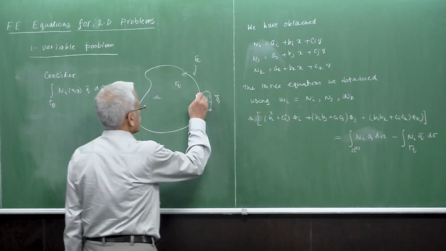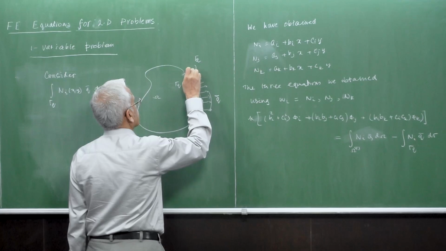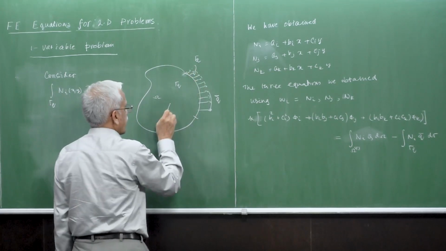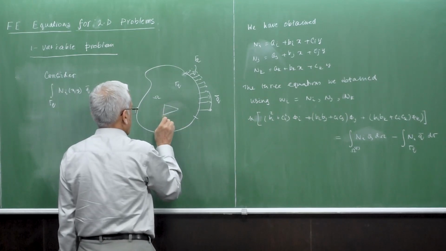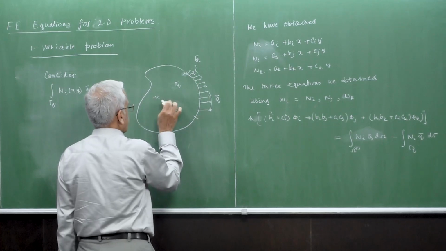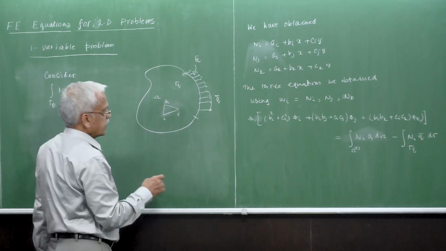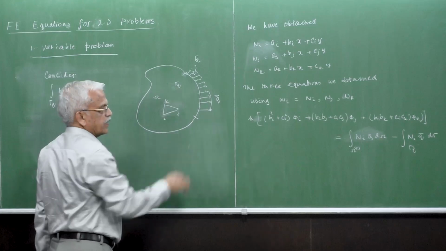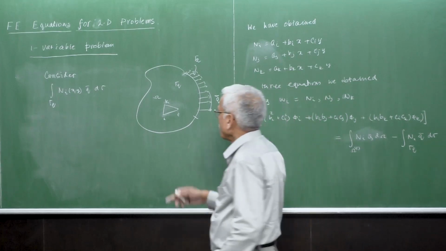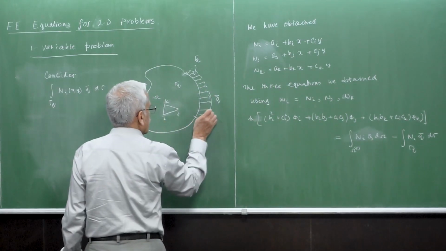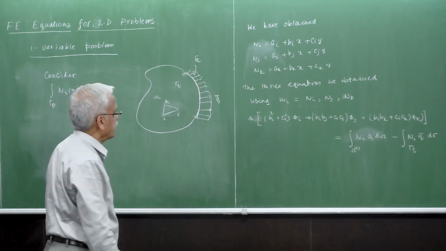So this is all gamma q here, only this surface. And if you have one element here, i, j, k, and you are looking at Ni and trying to integrate it over this boundary gamma q, what is the value of Ni on this boundary, where the heat is leaving?